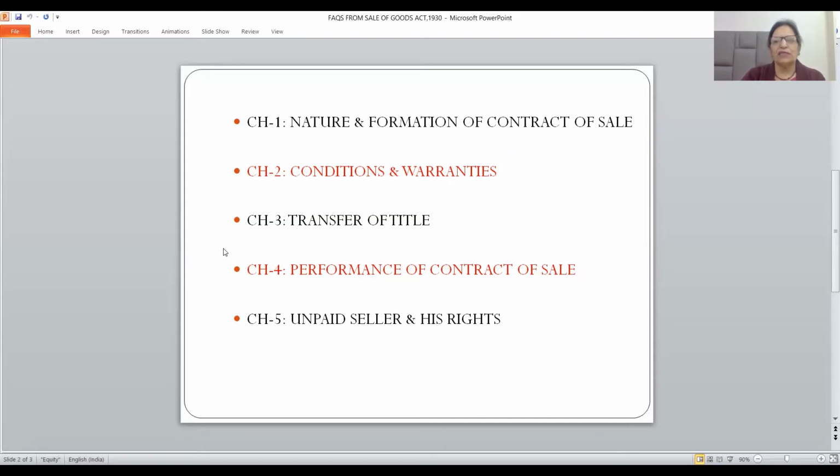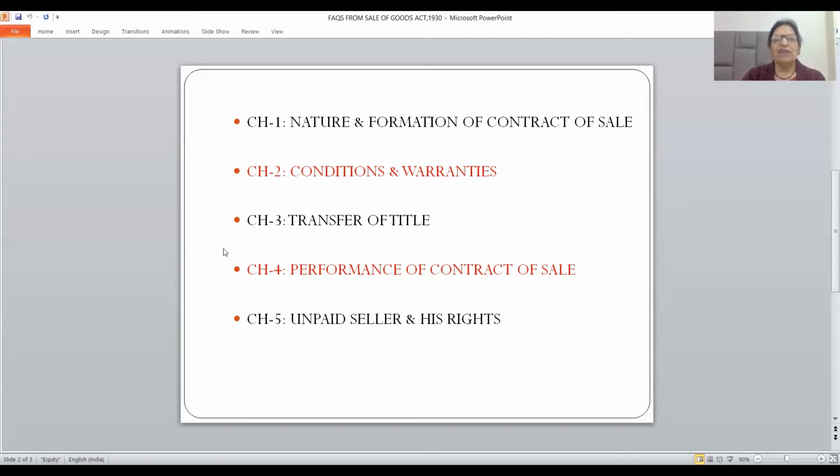Another question which is asked from this chapter is: define the term goods, then explain the classification of goods. The term goods has been defined under section 2, subsection 7. Goods means all movable goods. Goods can be classified under 3 categories: existing goods, which may be ascertained, specific, or unascertained; then future goods; and then contingent goods.